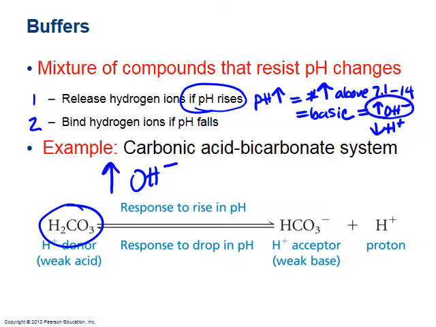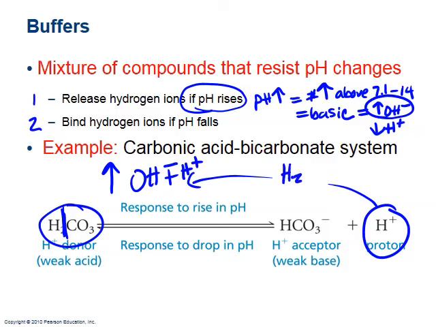Tons of hydroxide ions. So this molecule will actually split, and you'll release hydrogen protons. The hydrogen proton combines with the hydroxide ions, and you can actually form water. That will cause the OHs to go down. Why? Because they get trapped in water.